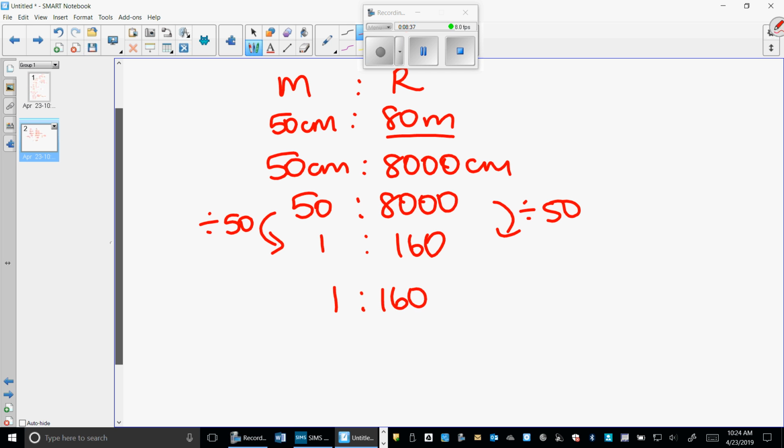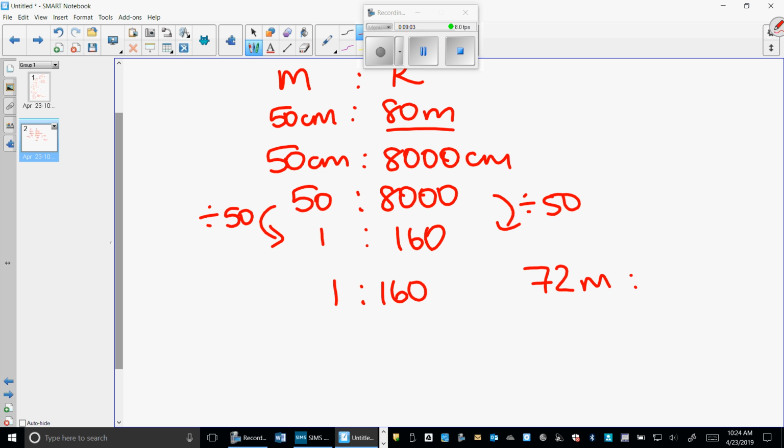If you want to measure something in centimeters on your model, then it would be 160 times that in centimeters in real life. If you're doing things in meters, you would talk about meters. However, this one they've got 72 meters, but they want our answer in centimeters. So again, the best option is to change your 72 meters into centimeters beforehand.